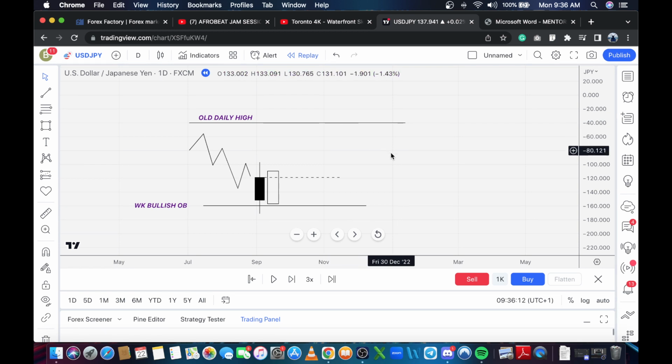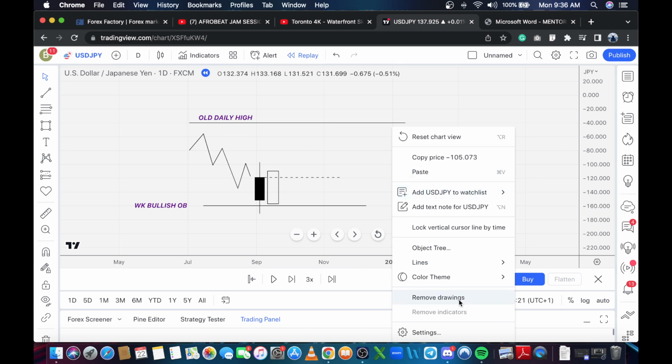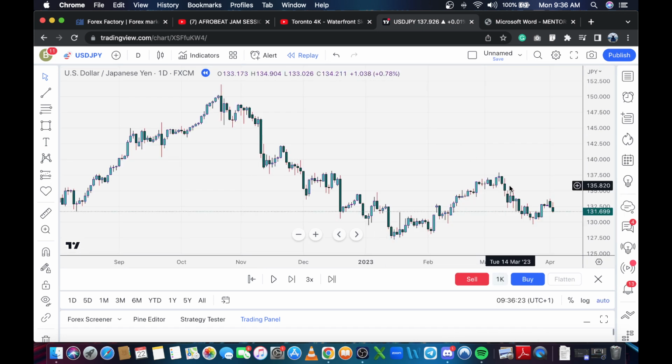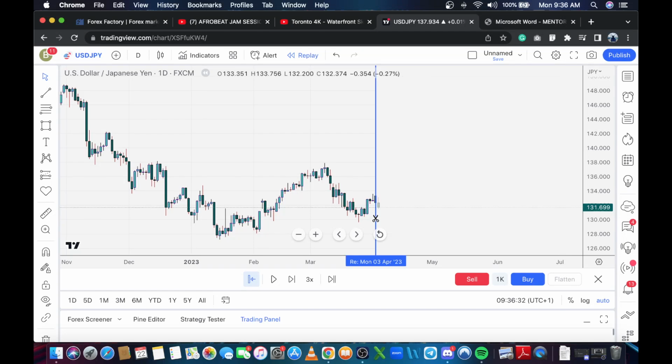Now I'm going to use actual price action to describe what I mean with the stop entry technique. So again, this is a chart of USD JPY, and let me actually go back.